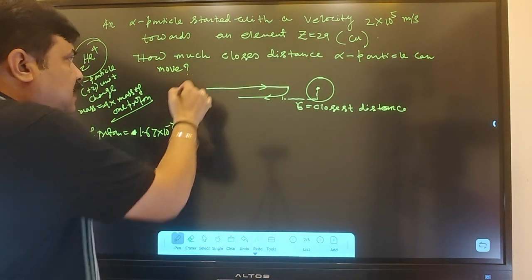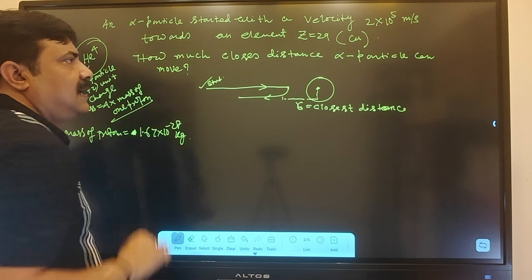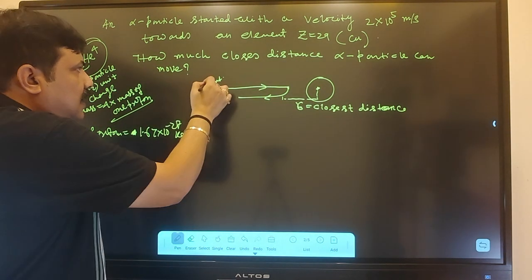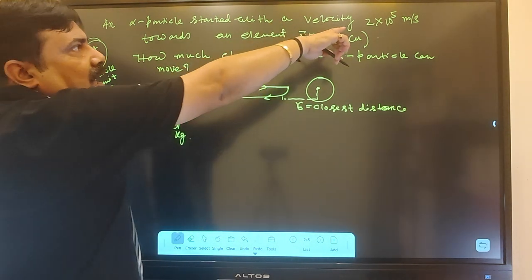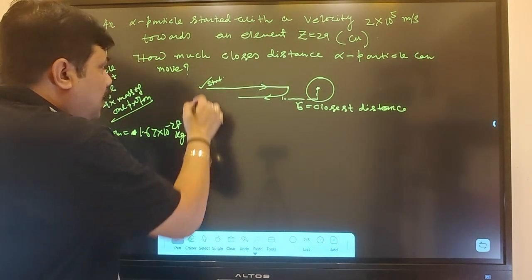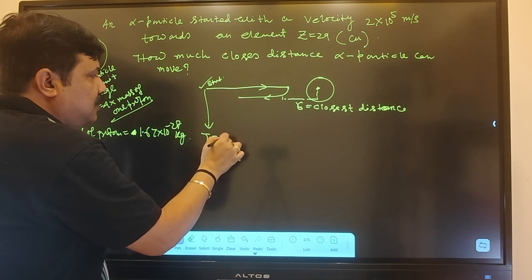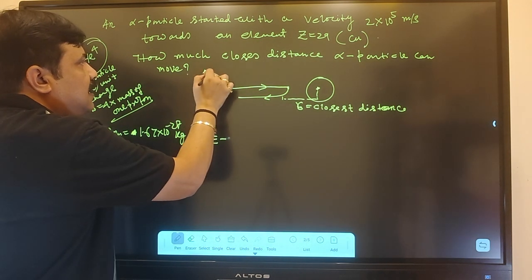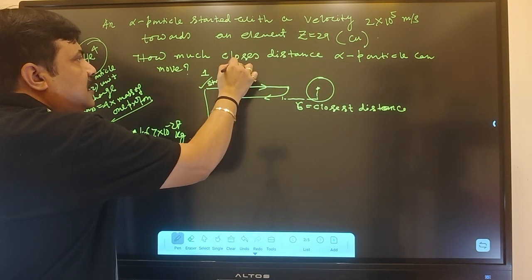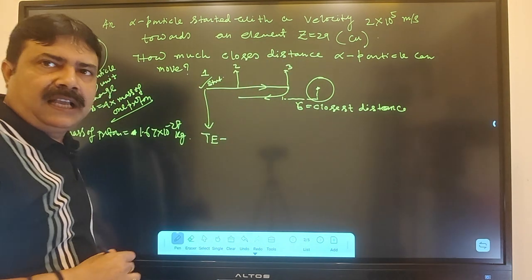Now this is the alpha particle's starting point. It starts with that velocity, 2 into 10 power of 5 meter per second. In the starting point, I call it point 1, in the middle anywhere point 2, and this point I call point 3. Is it clear?